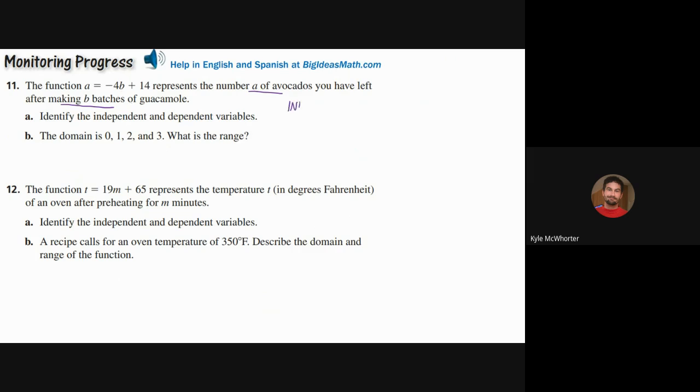So the independent variable is our input, B, the number of batches of guacamole. The dependent variable is A, the number of avocados left.